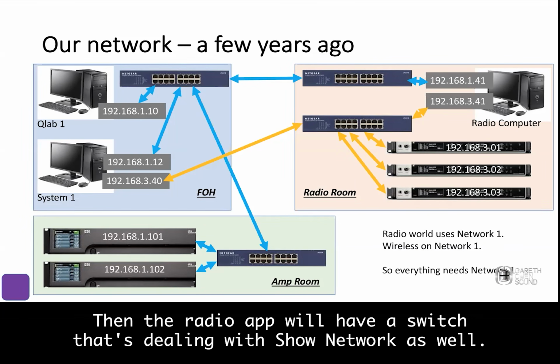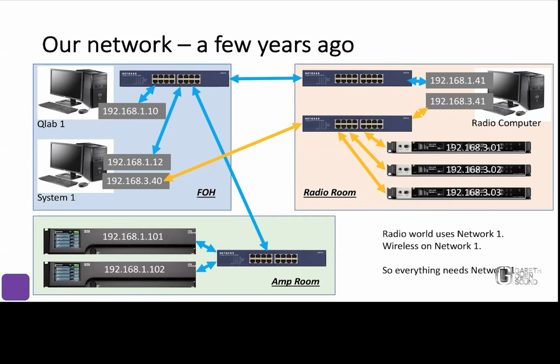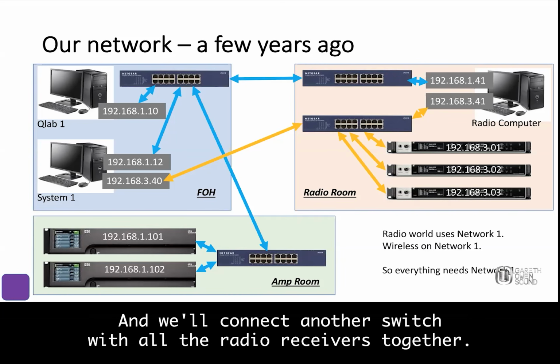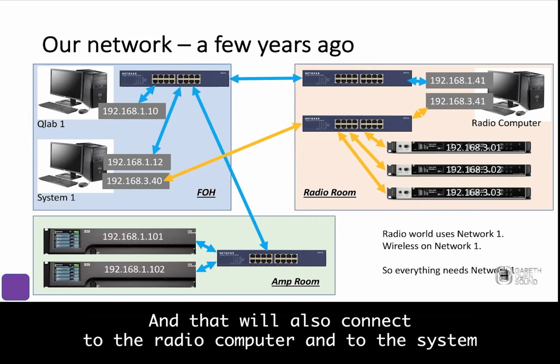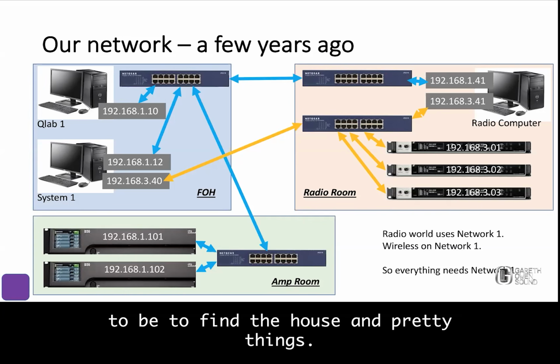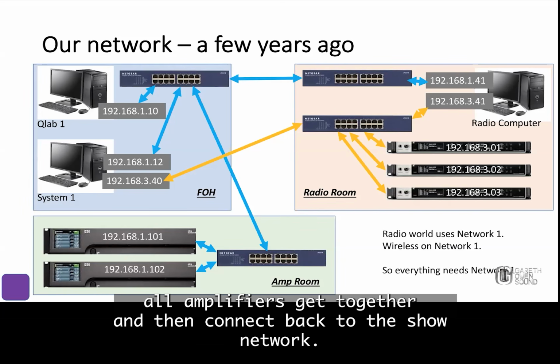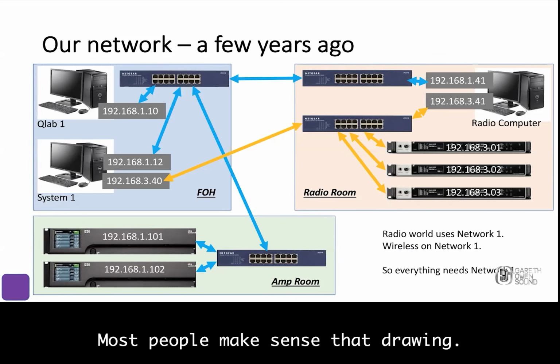Then at the radio rack, we'll have a switch that's dealing with the show network as well, and we'll connect another switch with all the radio receivers together. That will also connect to the radio computer and to the system computer at front of house so we can see the things. And in our amp room, all our amplifiers get together and then connect back to the show network. Most people, that makes sense, that drawing?